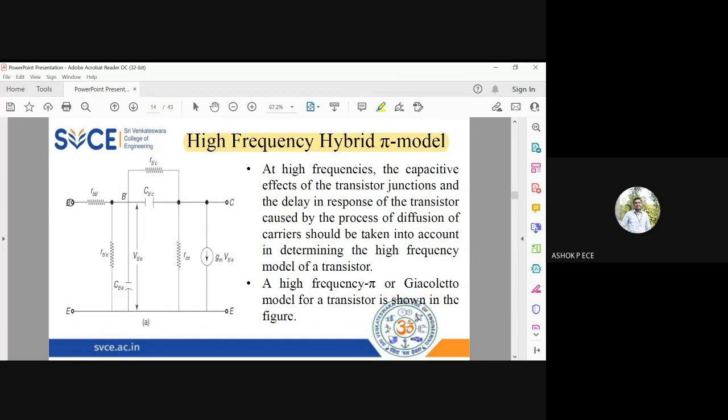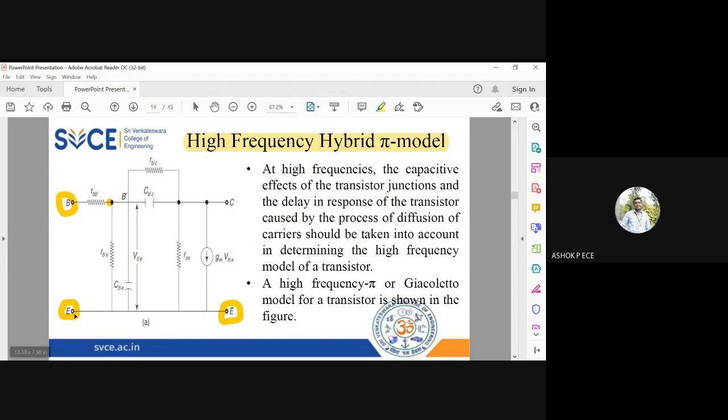What we see is emitter, base, and collector, but actually when they fabricate your BJT, you have one more terminal called B dash, which is called your virtual base. Between B and B dash, you will have a resistance r_bb'.